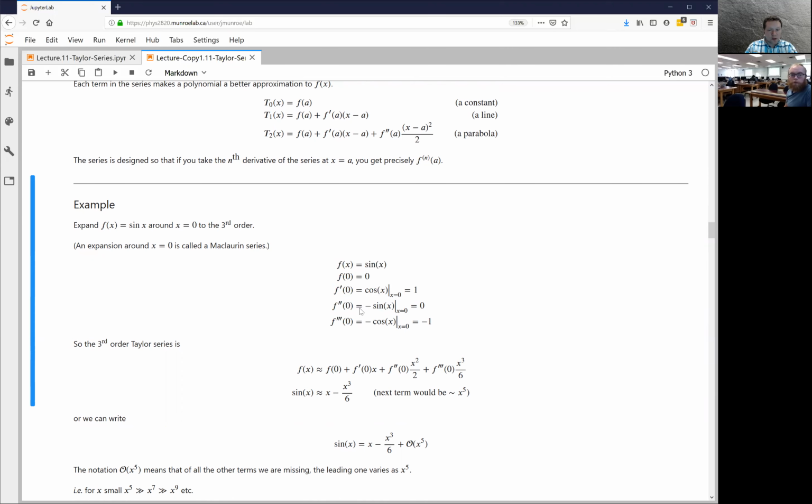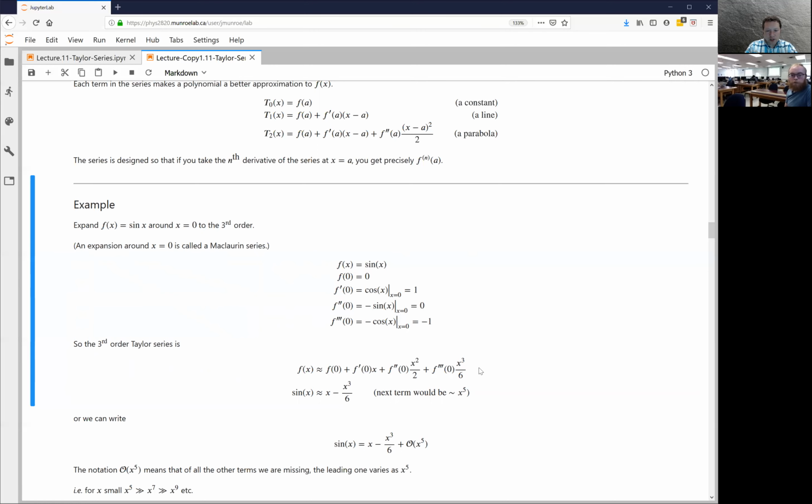The derivative of cos is minus sine. Evaluating that at 0 gives you a 0. Derivative of minus sine is minus cos. Evaluating that at 0 gives you a minus 1. These values, 0, 1, 0, minus 1, these are the coefficients in this series.